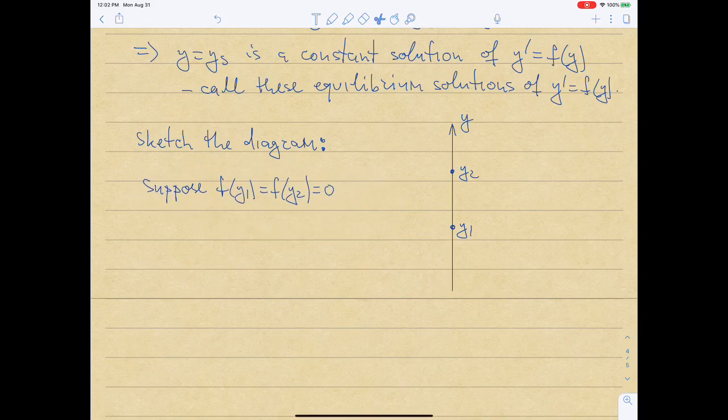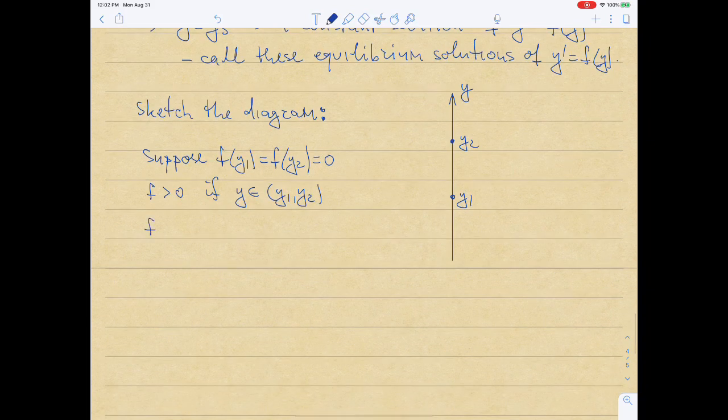And maybe I know that f of y is greater than 0 if y is between y1 and y2, and f is less than 0 otherwise. So let's suppose that we have f like that. So then what are we going to get? At y1 and y2, f is 0.